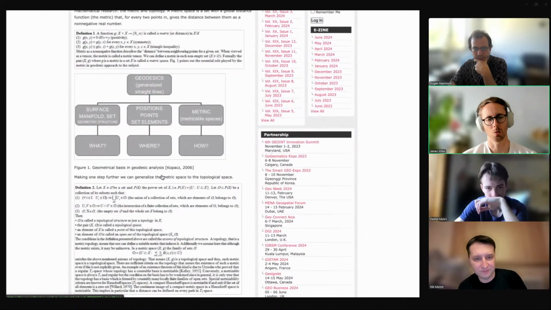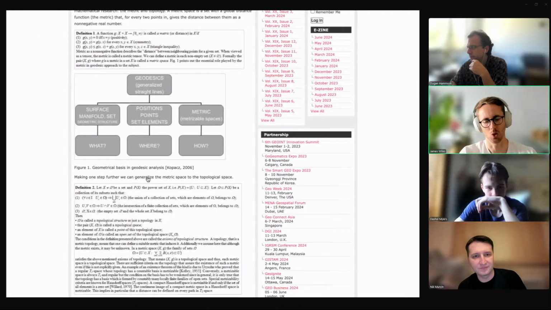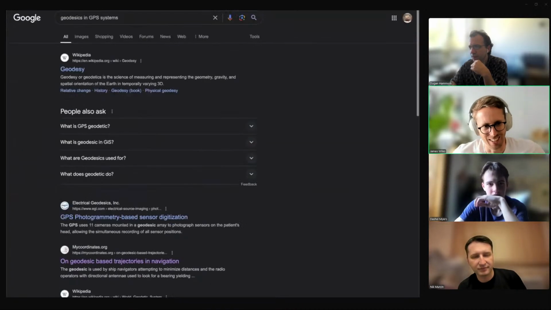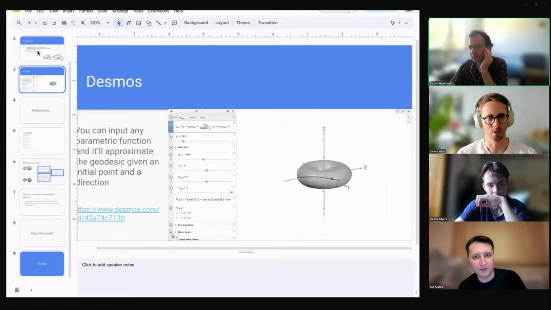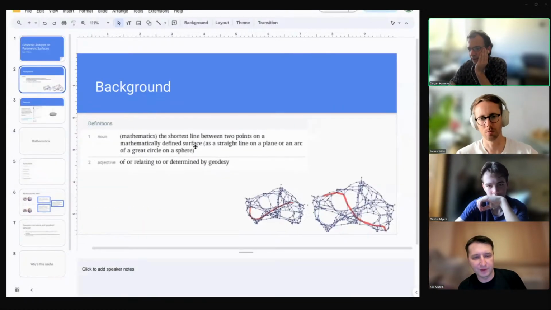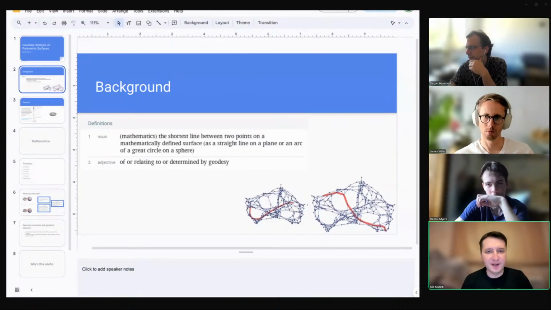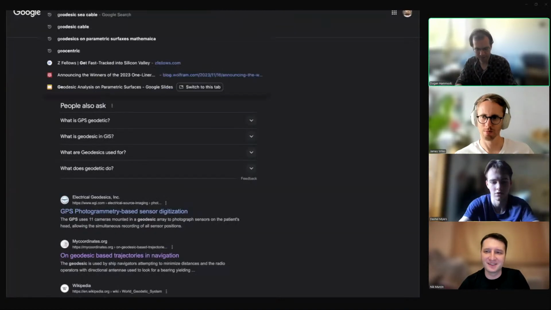I wonder what the origin of the word geodesic is. It sounds very complicated, but it's just the shortest path. Where did it come from? There's geo, which means the land, the earth. And the second part, desic, I'm not sure.